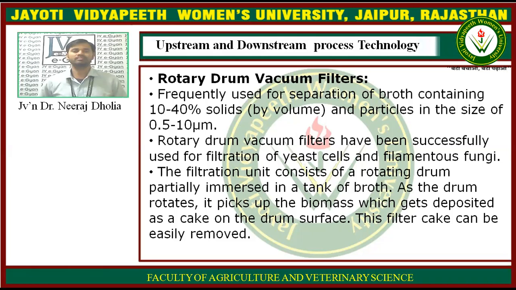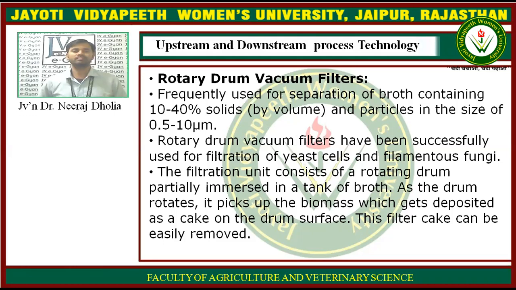The filtration unit consists of a rotating drum partially immersed, partially dipped, in a tank of broth. As the drum rotates, it picks up the biomass, which gets deposited as a cake on the drum surface. This filter cake can be easily removed. So suppose a drum-like structure made up of a filter is submerged in a broth medium.